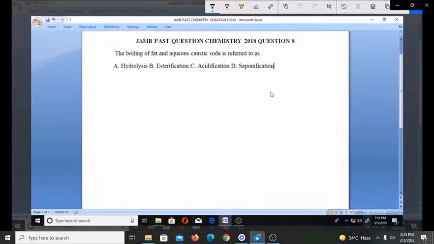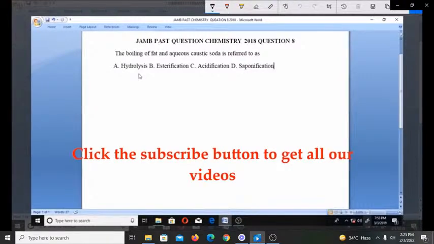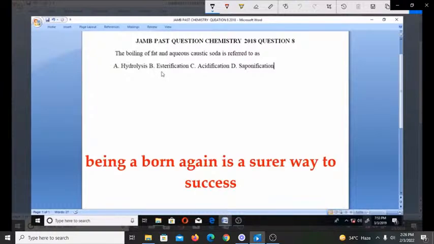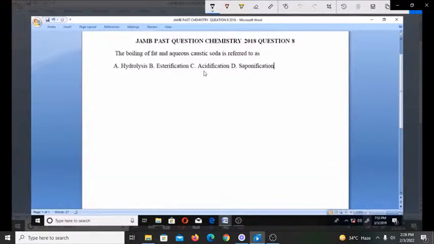Now, if you look at these options, you'll see that basically we know the meaning of hydrolysis, which is when you want to get something with water. Esterification, the reaction of ethanol with acid to form esters. Acidification, getting something with an acid.